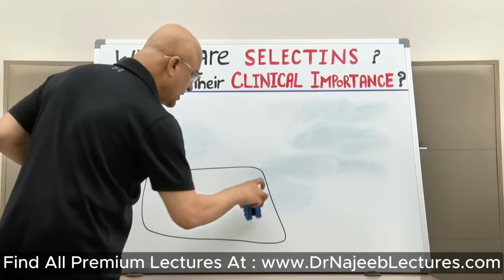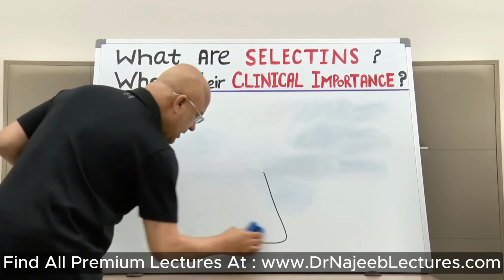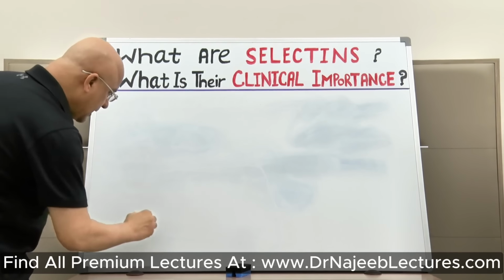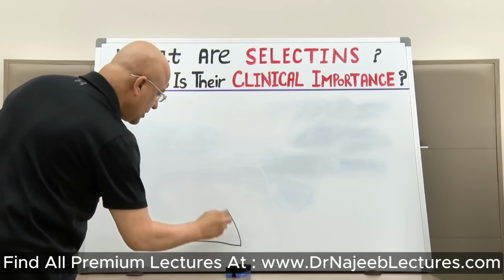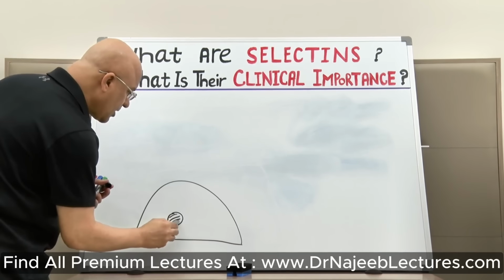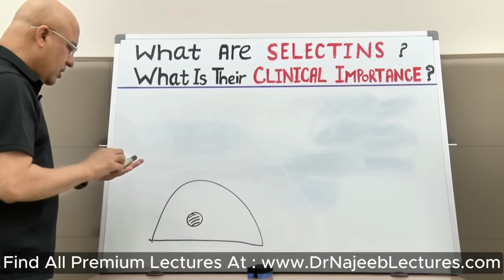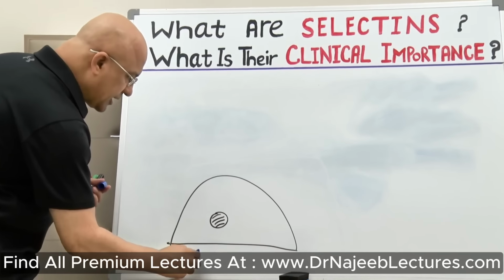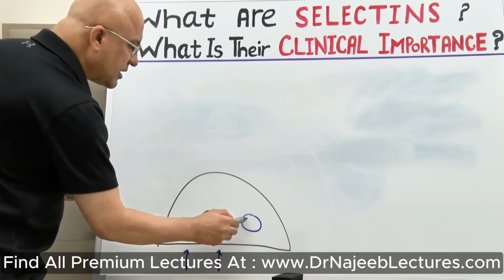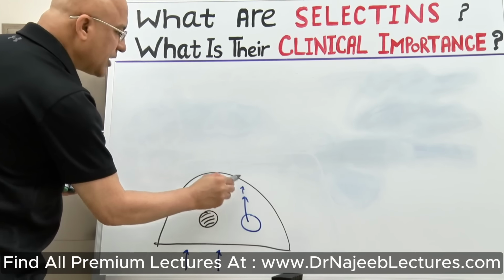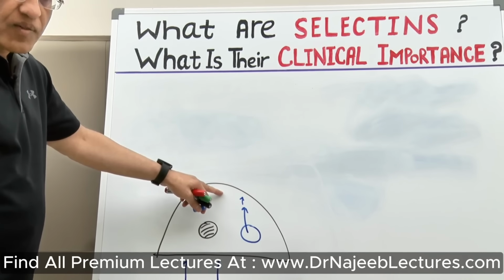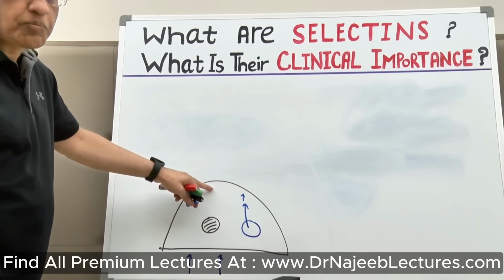Rather, I will make a smaller cell so that I can draw the P selectin. Let's suppose this is an endothelial cell, right? And if it is stimulated by histamine or thrombin, then Weibel-Palade bodies will move towards the cell membrane, and there they will express P selectins.